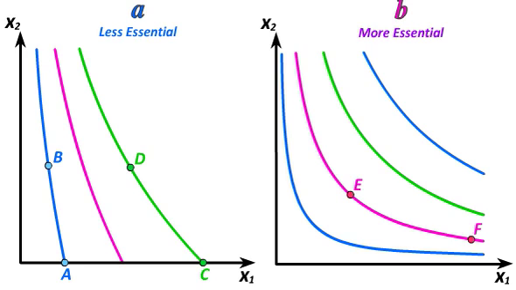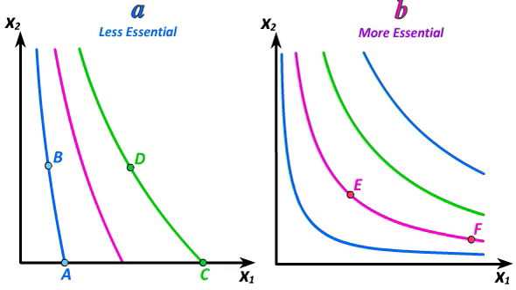The same cannot be said for the X2 good for the tastes graphed in panel B. Here, no matter which two bundles we pick on the same indifference curve, for example bundles E and F, it's always the case that in order to reach that indifference curve, those bundles will contain some of X2 and some of X1.